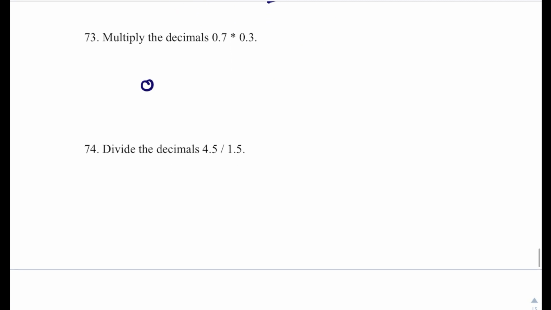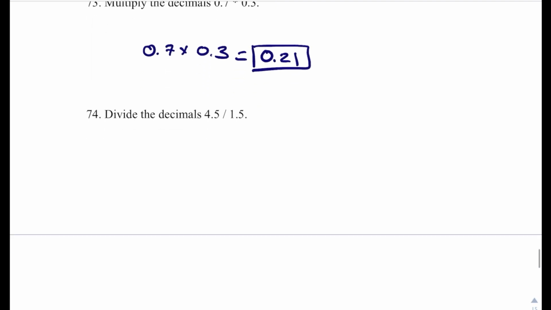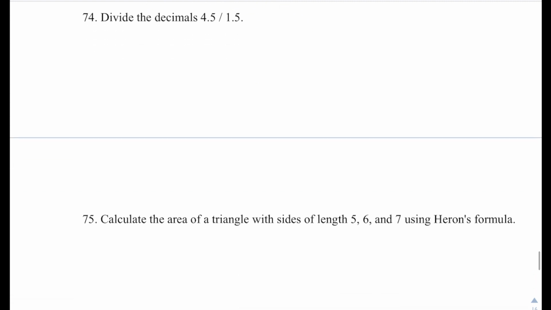Multiply the decimals 0.7 times 0.3. Again, you have a calculator, just plug them in, you're going to get 0.21. Divide the decimals 4.5 divided by 1.5. Again, you have a calculator, so just plug them in, you're going to get 3.